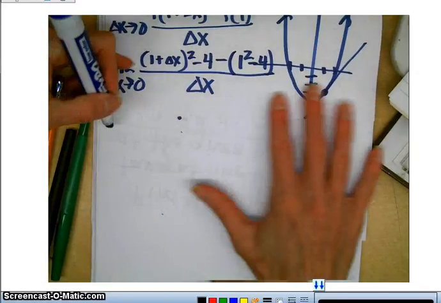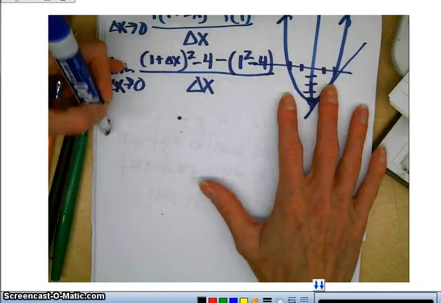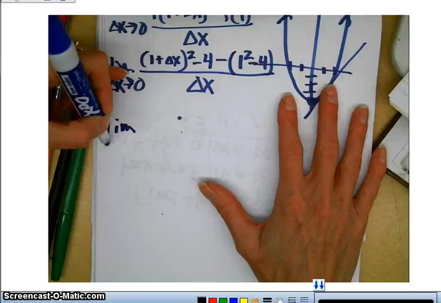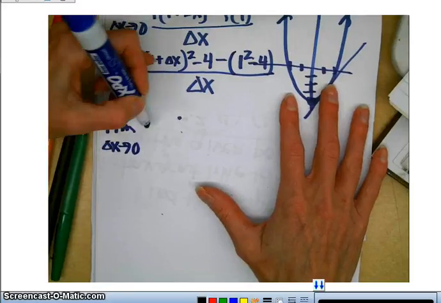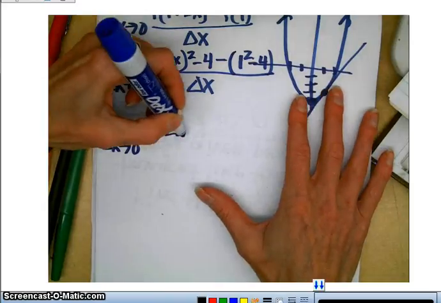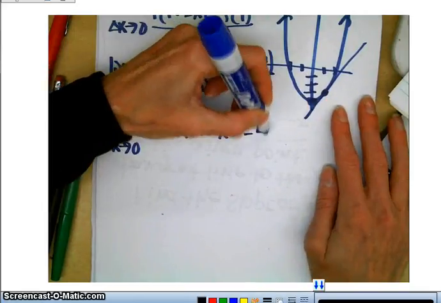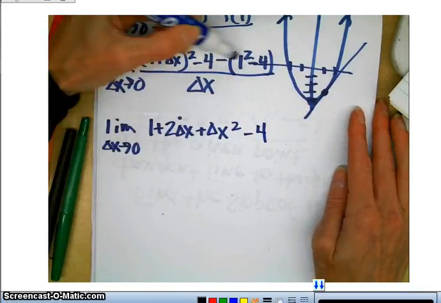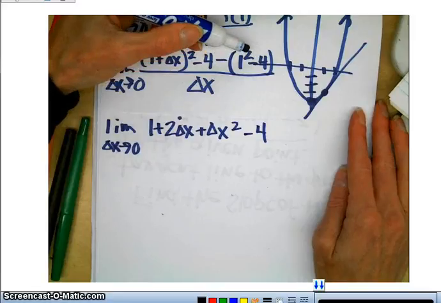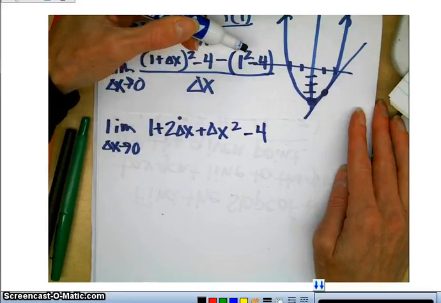So what do I need to do? I need to FOIL out the top, 1 plus delta x. So that would be 1 plus 2 delta x plus delta x squared minus 4. And then I subtract, well, what's 1 squared minus 4?